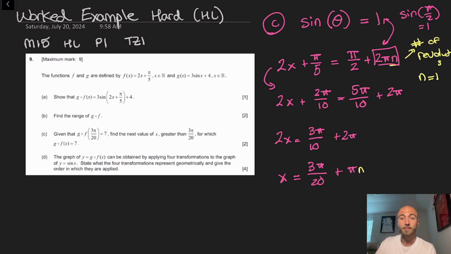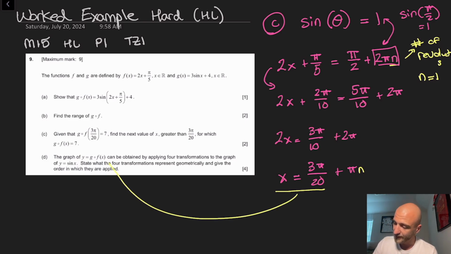Every time we go n pi's along the unit circle, this is telling us that that sine value evaluated at that x coordinate is going to give us a total sine value of 1. Notice here also, this 3 pi over 20 we're pretty happy with, because that happens to be the exact same value that we were fed in the earlier part of the problem statement. So it was kind of a given.